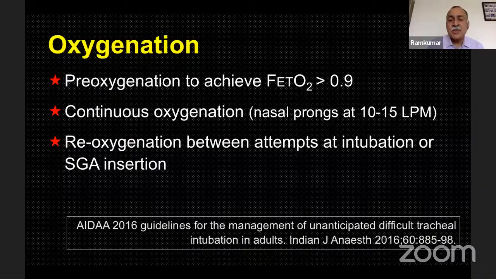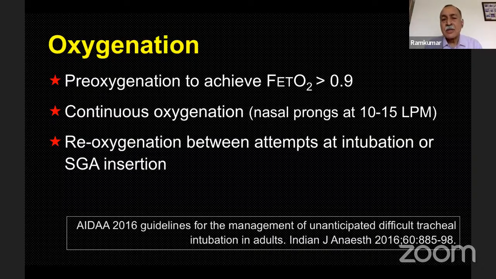Re-oxygenate your patient between attempts at intubation or supraglottic airway insertion. So now you're in the process of achieving a definitive airway. At any point you find that you're not able to do that in your first or your second attempt, and you're looking at your monitor, we'll come to that a little later, and your monitor says that the saturation is dropping below 95%, it is time that you think of re-oxygenating your patient.